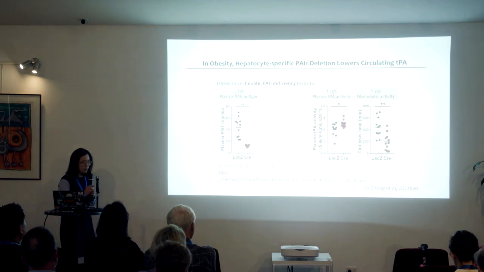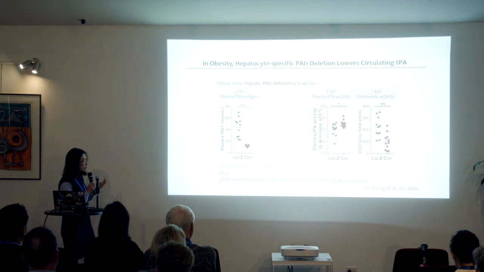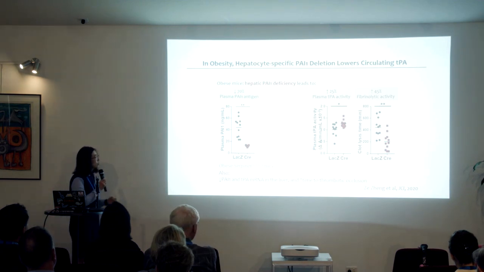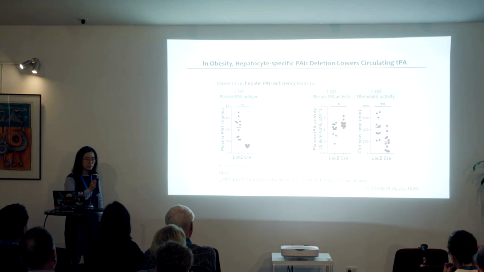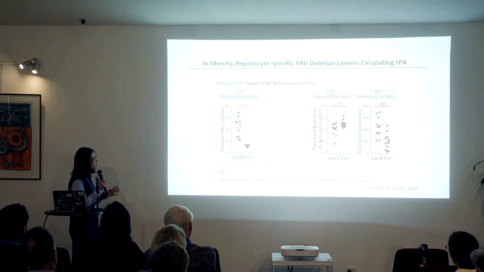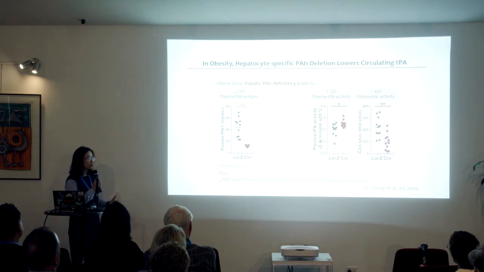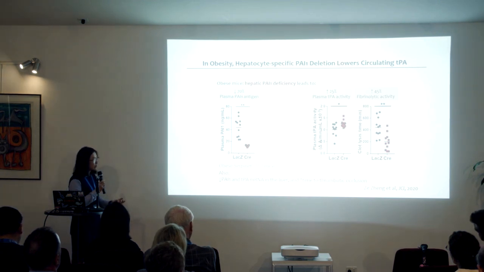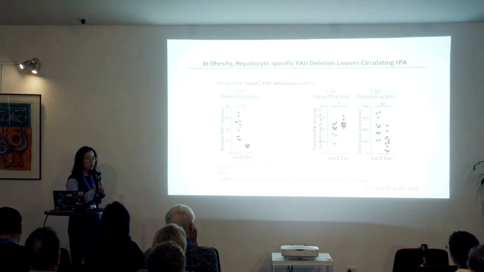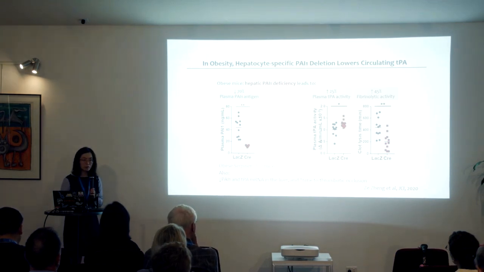Then we wanted to know whether PAI-1 is really the stimulus for TPA expression in the liver. To answer that question, we used hepatocyte PAI-1 specific knockout mice under the obese condition. The question is, if we remove most of the PAI-1 from the liver, and the TPA enzymatic activity and fibrinolysis activity are increased, what happens to the TPA antigen levels?